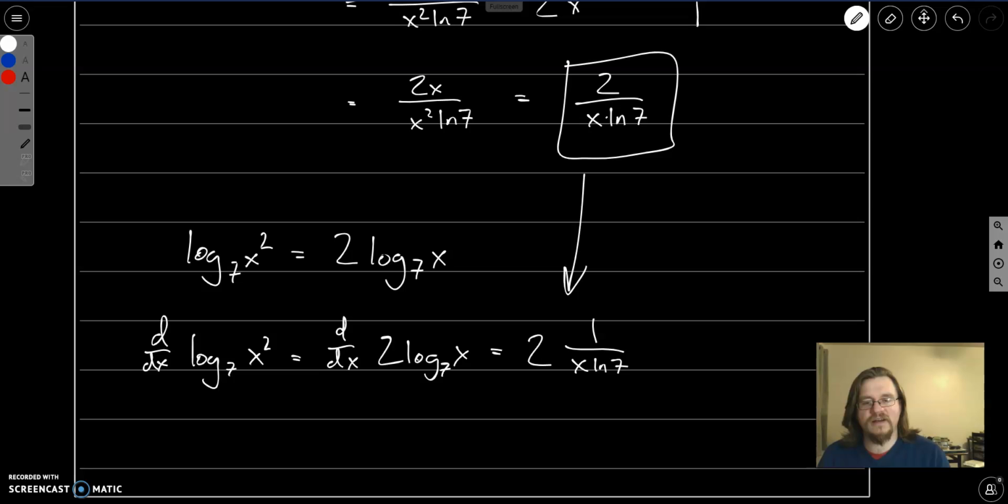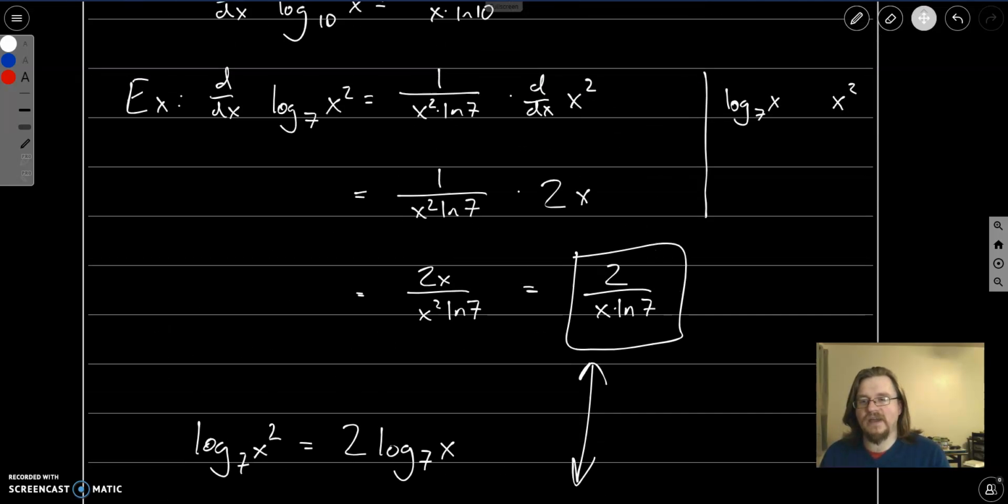And I get the same answer. 2 over x natural log of 7. You get the same thing either way. So if we can simplify a logarithm, maybe that would be easier than trying to use the chain rule in this instance. But both ways work.